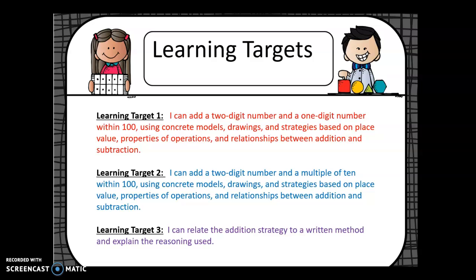Your second learning target: I can add a two-digit number and a multiple of 10 within 100 using concrete models, drawings, and strategies based on place value, properties of operations, and relationships between addition and subtraction. Our third learning target: I can relate the addition strategy to a written method and explain the reasoning used.